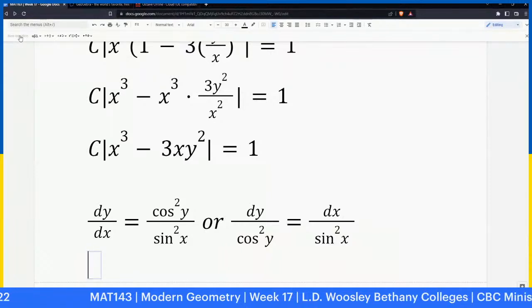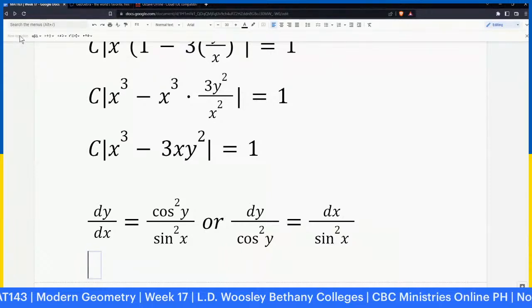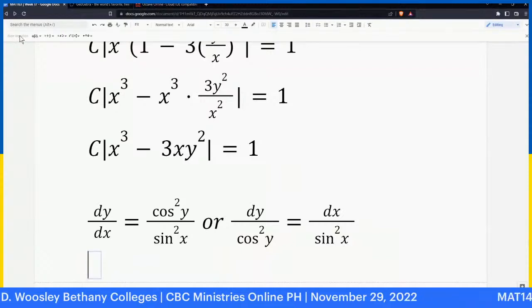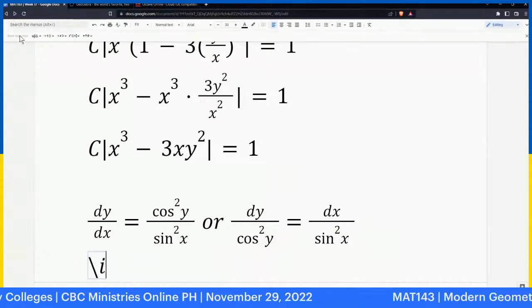Secant squared. Ayan. So, integrate mo yun.